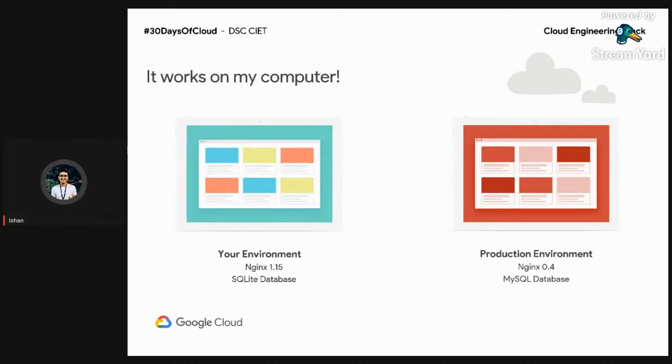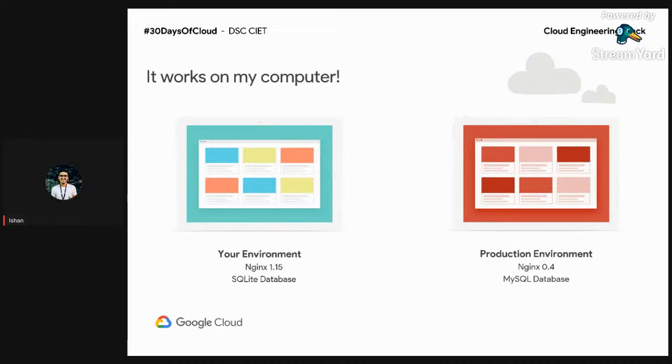But when you deploy it to production, when you send it to your company, they are using Nginx 0.4, the older version, and it just doesn't work. Also, the databases don't match. In these scenarios, it is so time consuming to actually debug all this and make sure that your code works on the production side.